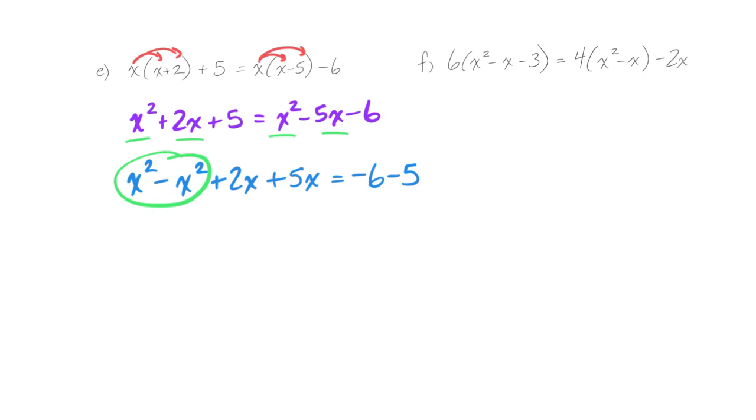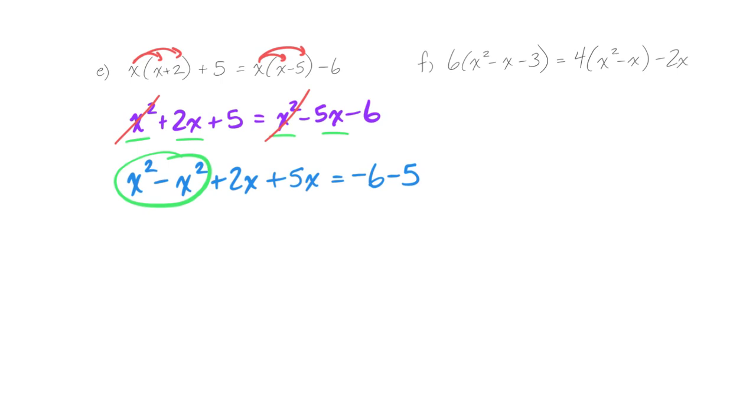Notice your x squareds, they're going to cancel out. So can we go back up to the purple line, and can we see that when I have an x squared on one side and an x squared on the other side, when I collect those on either side of my equal sign, they're going to cancel out.